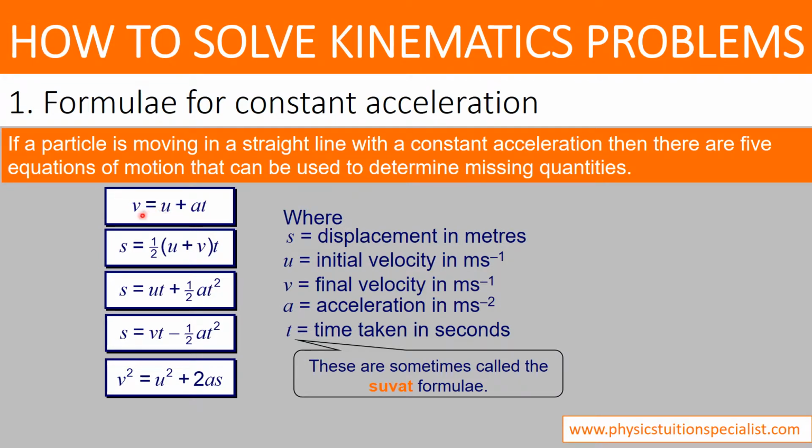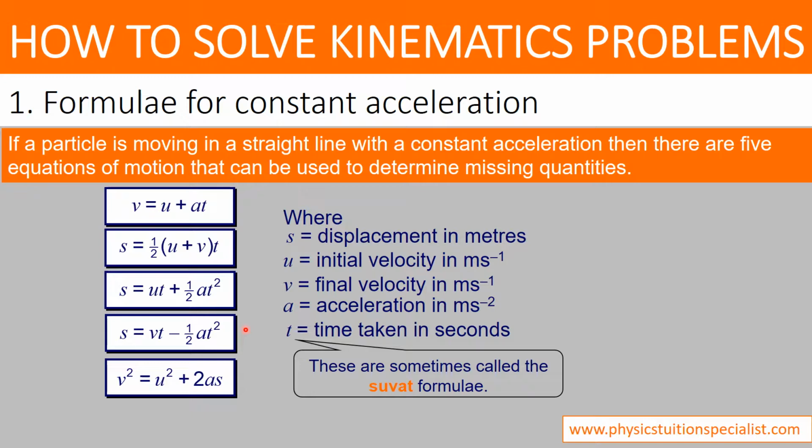If you know final velocity, initial velocity, and time, you can find acceleration. So in any of these equations that you use, you must be given the values for 3 quantities, so that the 4th quantity can be obtained.